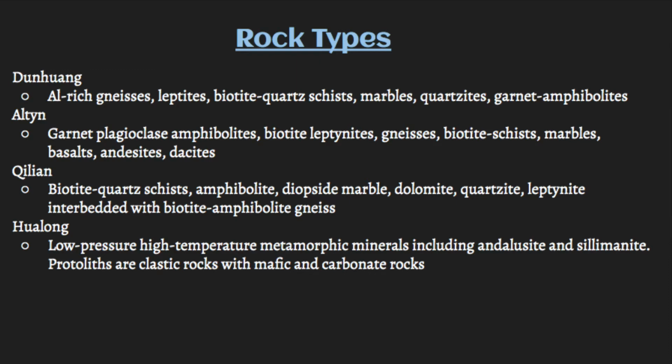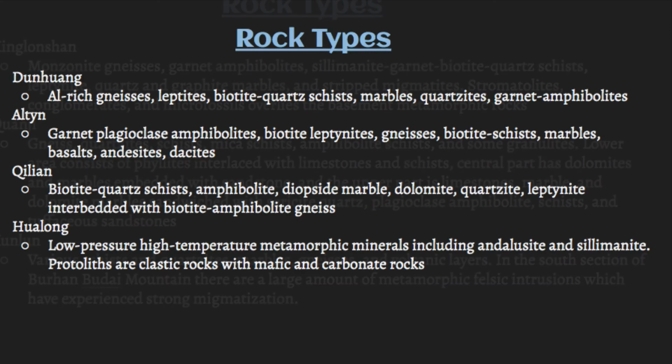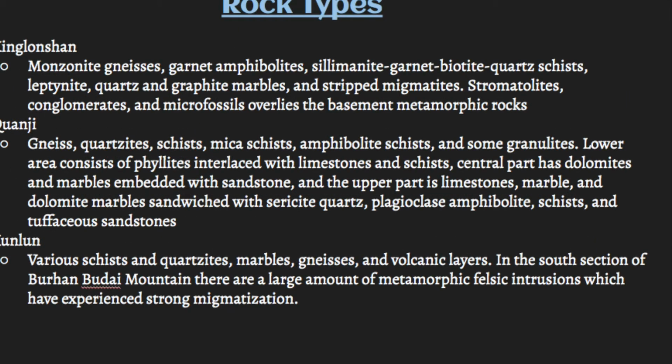Their protoliths are clastic rocks with mafic and carbonate rocks. The Suilan Shan group has monzonite, gneisses, garnet, amphibolites, sillimanite, garnet, biotite, quartz, schist, leptonite, quartz marbles, graphite marbles, and stripped migmatites.